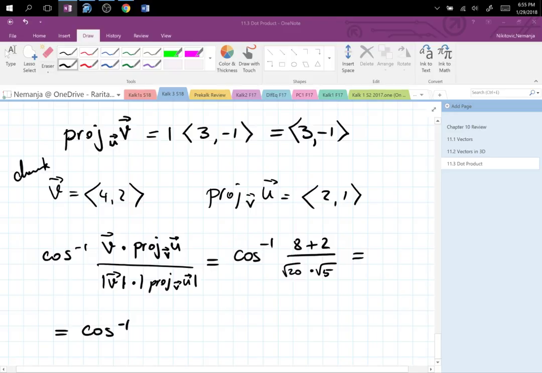Cosine inverse of 10 over square root of 100, which is also 10, cosine inverse of 1, which is exactly 0 degrees. So two vectors have the same direction if the angle between them is 0 degrees. It's very simple, right? So this was a confirmation for us that we have this problem right.